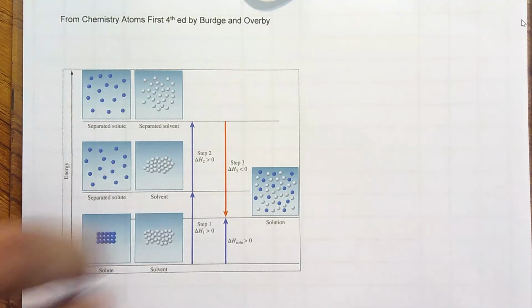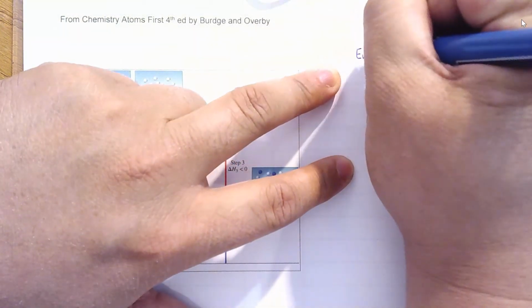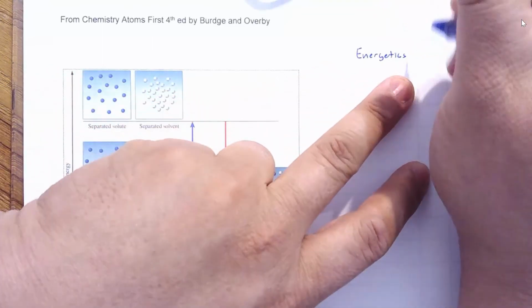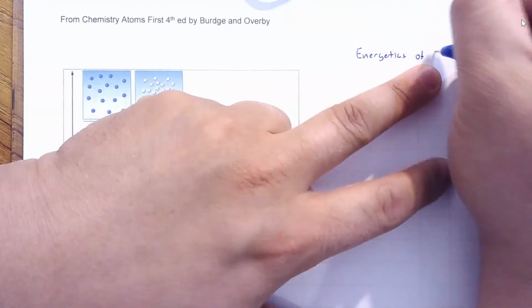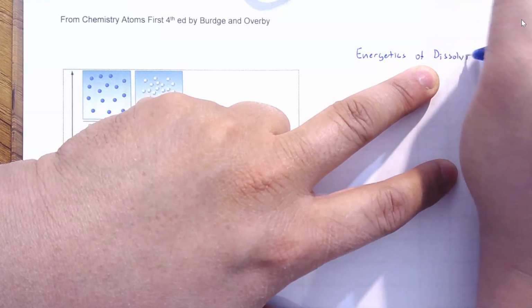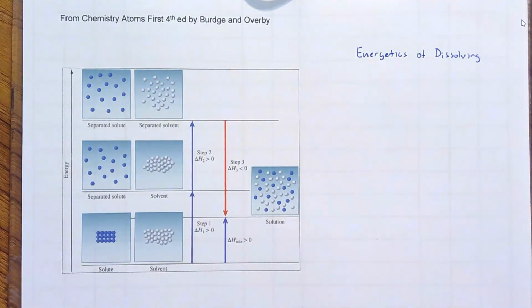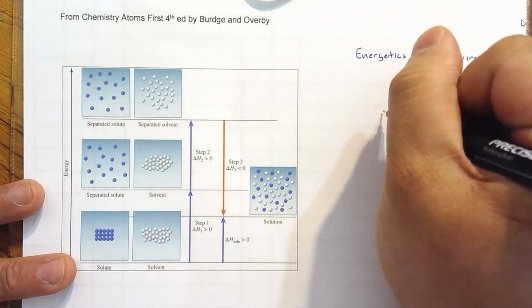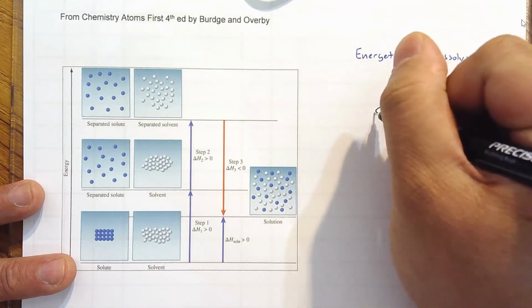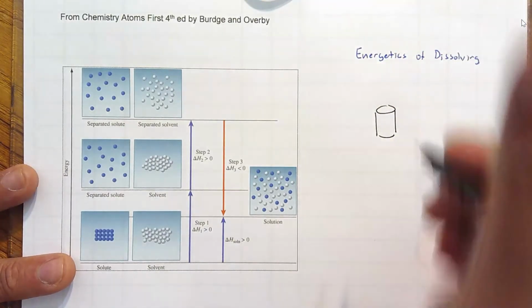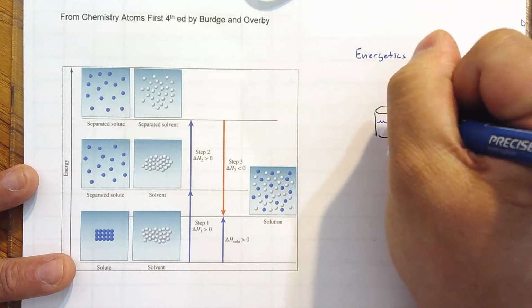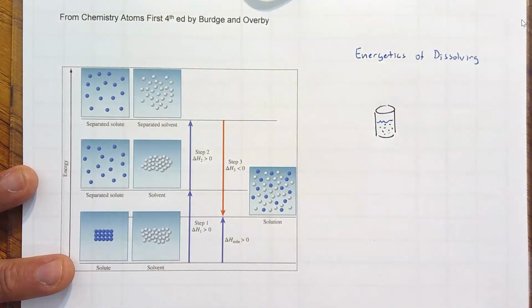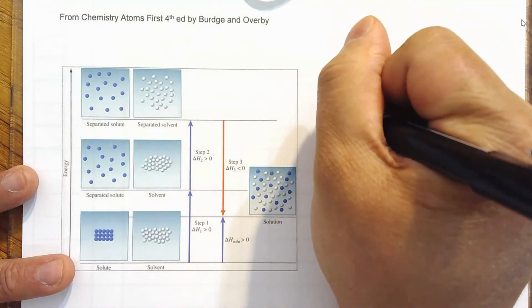We are talking again about the energetics, mostly in this video, the enthalpy. So the energetics of dissolving. Don't look at this picture just yet. But think again about our sugar and our tea, water. You have your water molecules, blue molecules. And you have your tea, you have your sugar.